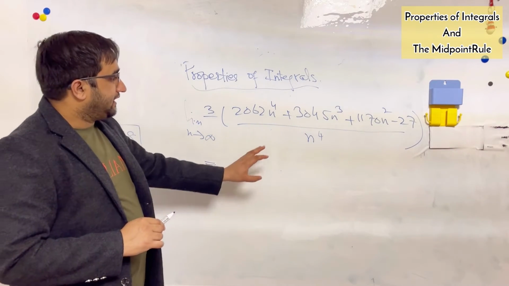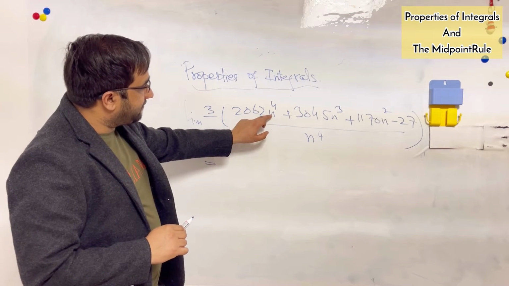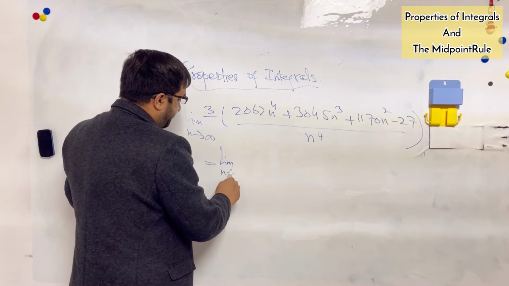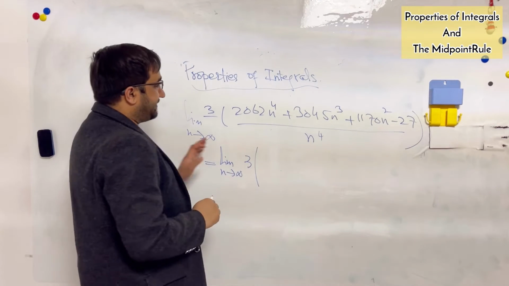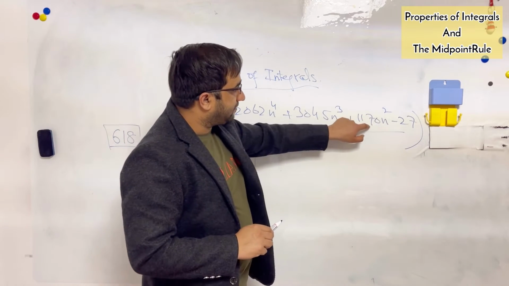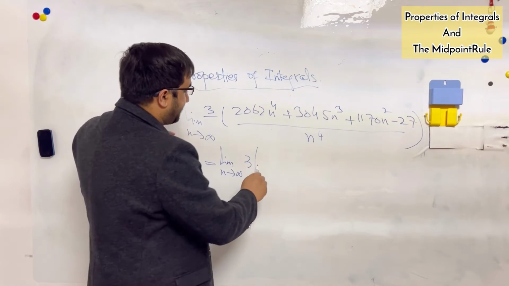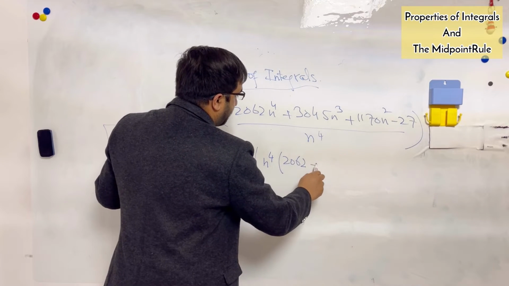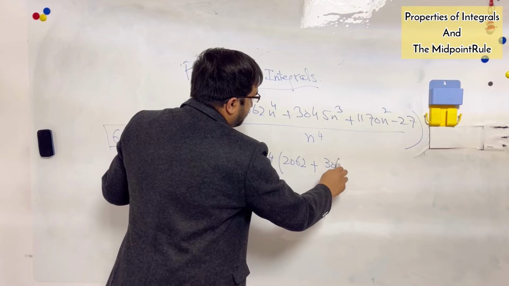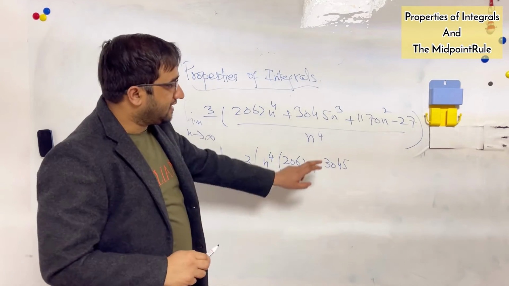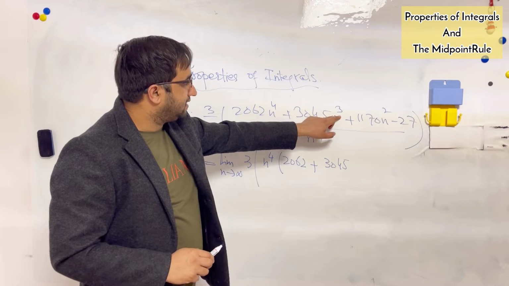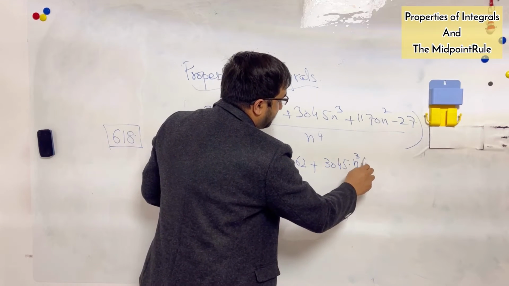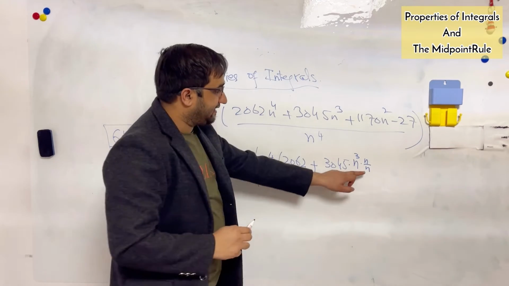Now, if you take n^4 common from the upper terms, it is limit n approaching infinity 3, and inside I am going to take n^4 common from all the terms. So it is 2062 plus here it is 3045. Now I don't have n^4 here, but I can make it n^4 if at the same time I multiply and divide this term with n and n.